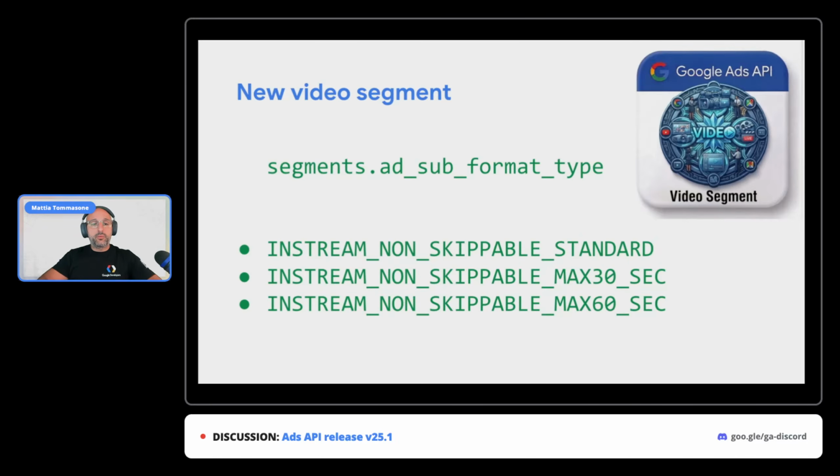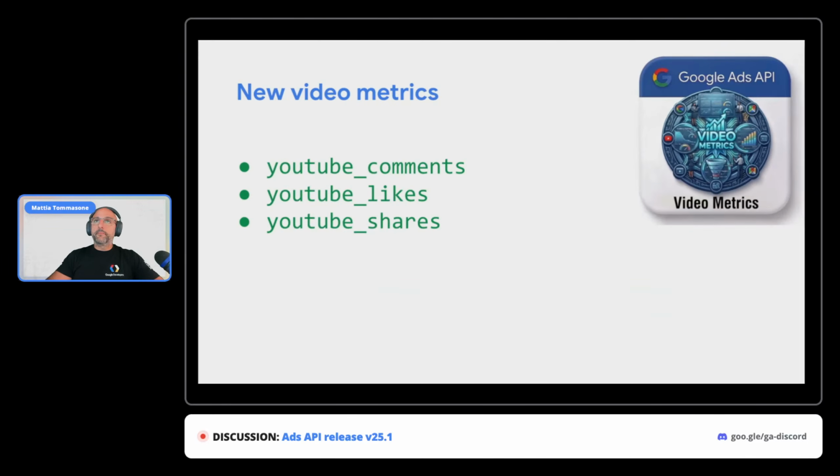One of the segments that we released in V25 for videos is called Add Subformat Type, and it basically allows you to segment your reporting with even more granularity in video ads. So you can actually segment your measurements by dividing in-stream non-skippable standard ads, ads that are shorter than 30 seconds, and ads that are shorter than 60 seconds. So you get even more granularity when getting video reporting.